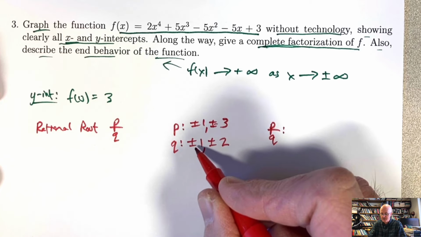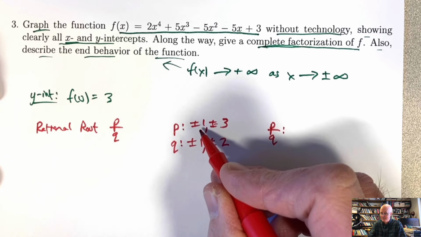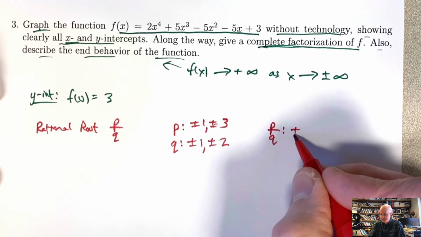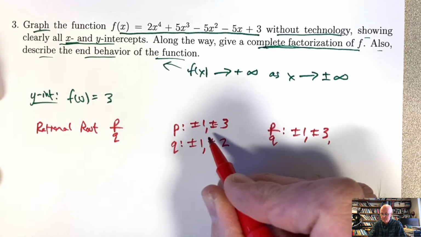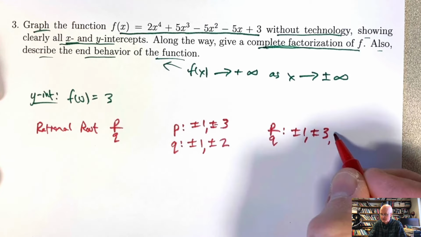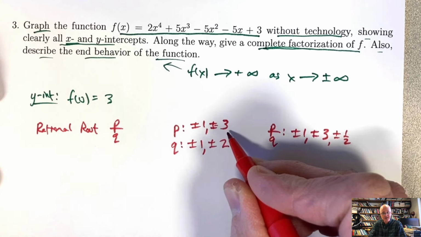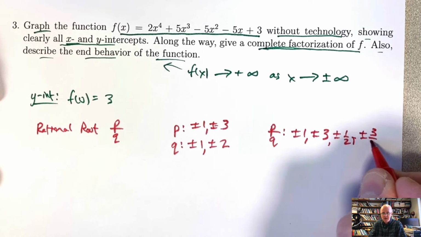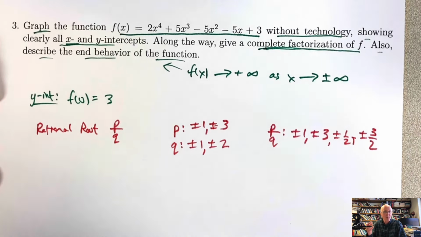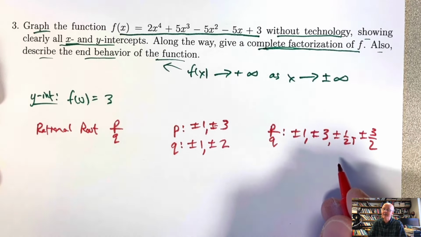When you divide by plus or minus 1, you get plus or minus 1 or plus or minus 3. And when you divide by plus or minus 2, plus or minus 1 divided by that will be plus or minus 1/2. Plus or minus 3 divided by that will be plus or minus 3/2. Plus or minus meaning one or the other, or possibly both. You've got ultimately 8 possible rational roots.